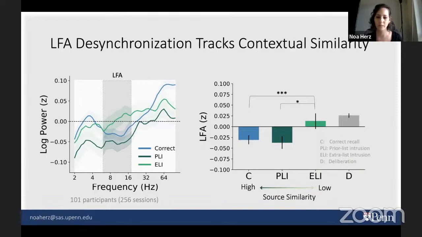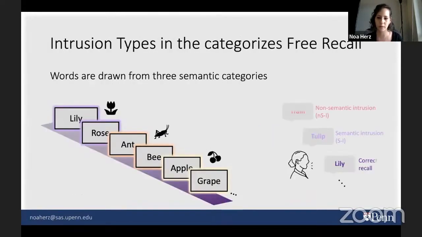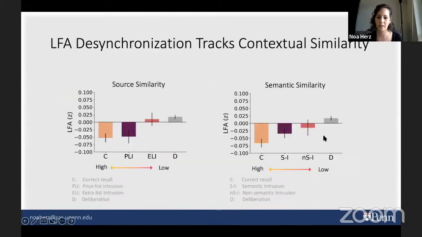And we showed a very similar thing in the categorized experiment, in which we can differentiate between either intrusions that are semantically associated with the preceding list or intrusions that share no semantic association to the preceding list, again showing that low frequency activity in the hippocampus decreases as a function of the similarity between the intrusion and the target context.